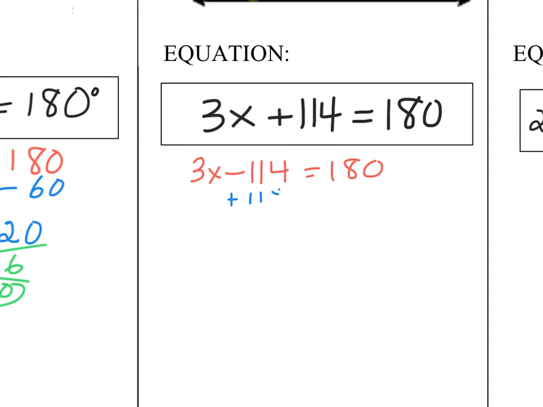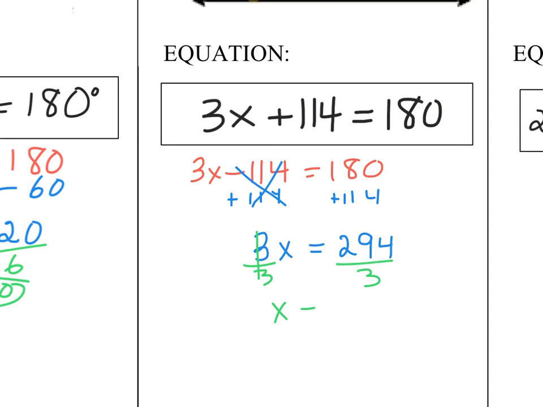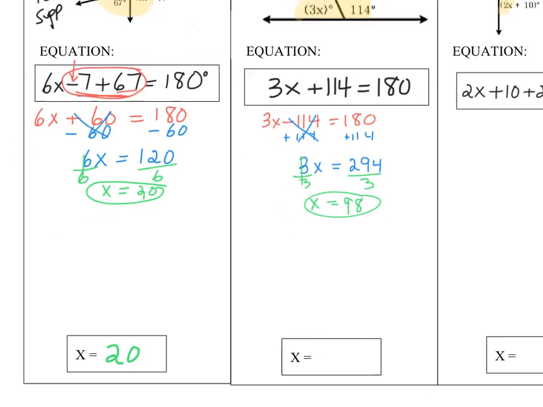Add 114 to both sides. 3x equals 294. Divide by 3 on both sides. And x will equal 98.